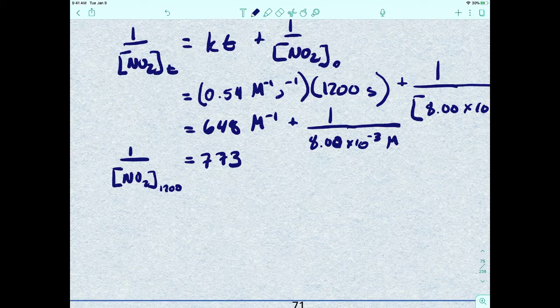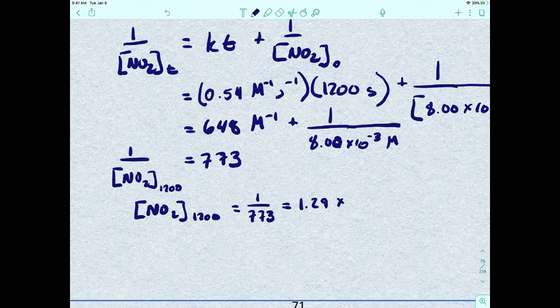If I multiply both sides by the concentration, I'm going to get 1 is equal to 773 times the concentration of NO2. If I then divide both sides by 773, the concentration of NO2 at 1200 seconds is going to be equal to 1 over 773. And so that is going to be equal to 1.29 times 10 to the minus third molar.